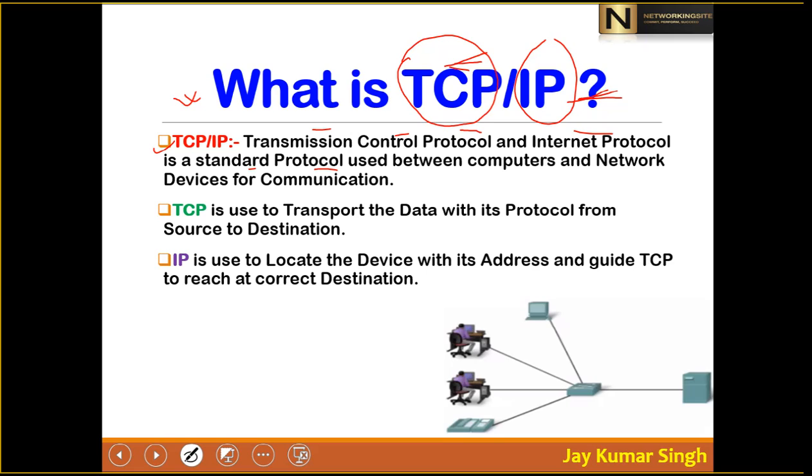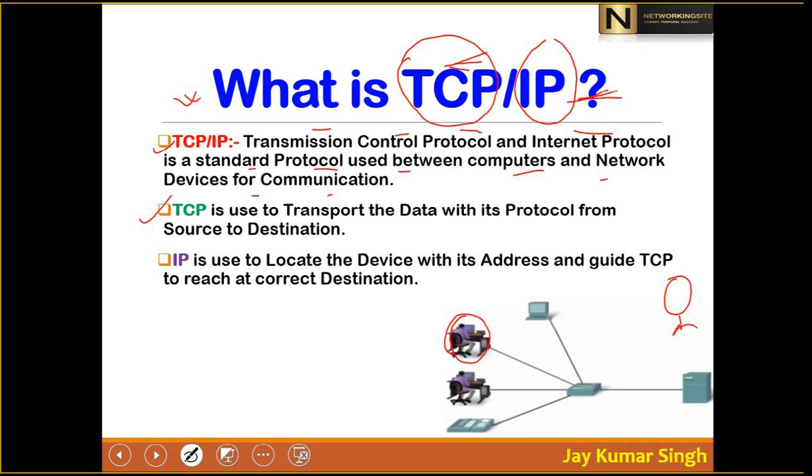This TCP/IP protocol is used between computers and network devices for communication. But what is the use of TCP? TCP is known as Transmission Control Protocol. Understand this: suppose you are here and you want to go to some place.